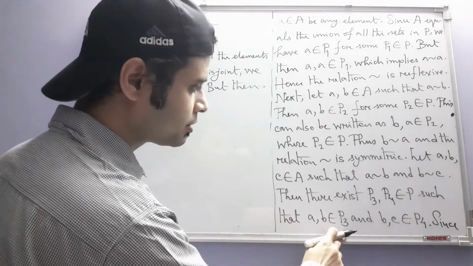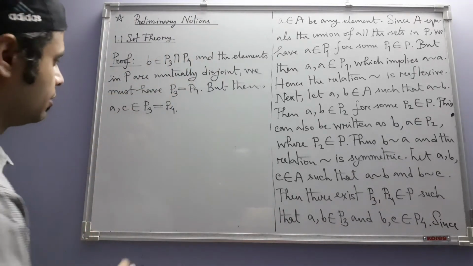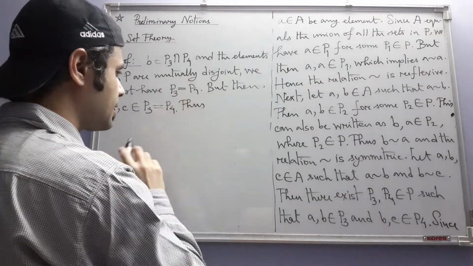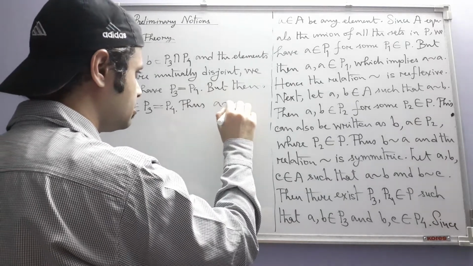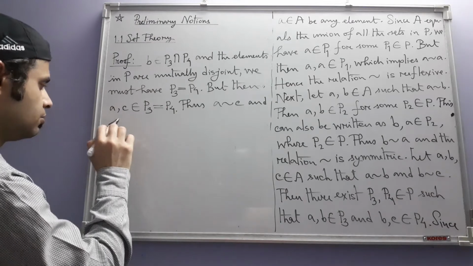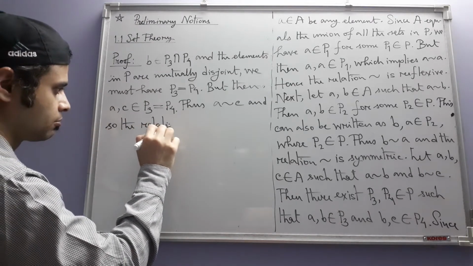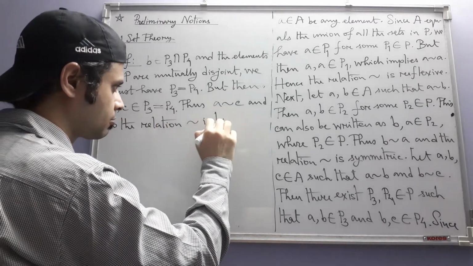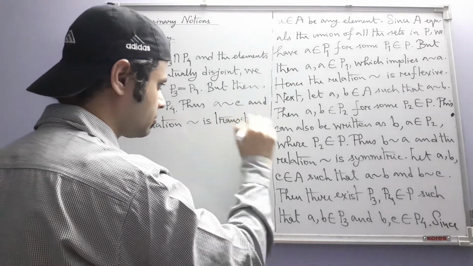You see, because a belongs to P3 and c belongs to P4, and now it turns out that these two are equal. Thus, according to our definition of the relation, a is related to c, and so the relation tilde is transitive.